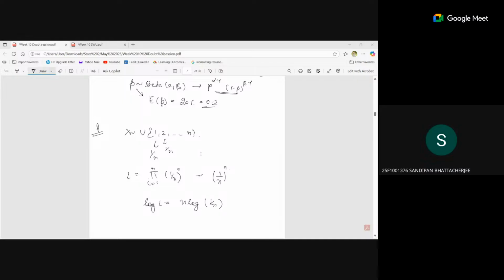If you maximize the function, n turns out to be 1 by e.